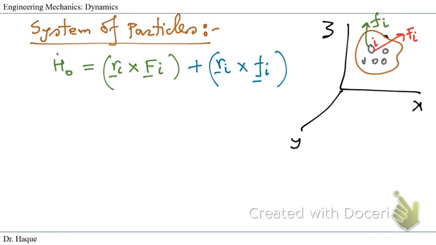But we also know that the internal forces occurring on a particle are equal and opposite to those on another particle touching it. So the internal forces cancel out, and we can say the internal force term is 0. So we can simplify that H dot can be written only as Ri cross product of Fi.